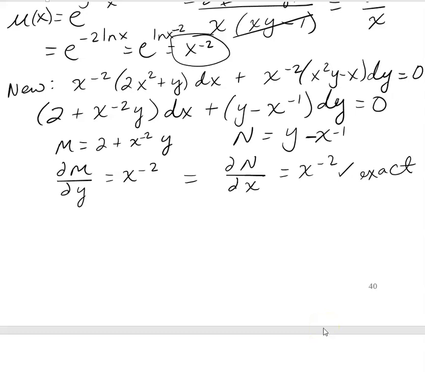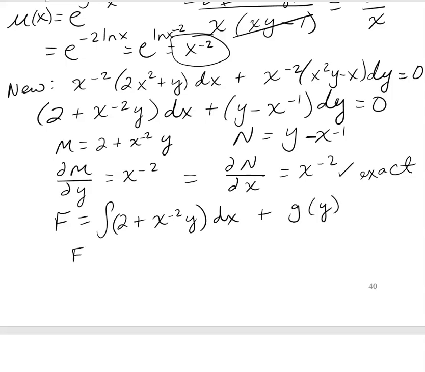All right, let's go through the process of actually solving this using the method for solving exact equations. Remember how to start that out. We define f. F is the integral of your M function with respect to x plus g of y, which is to be determined later.